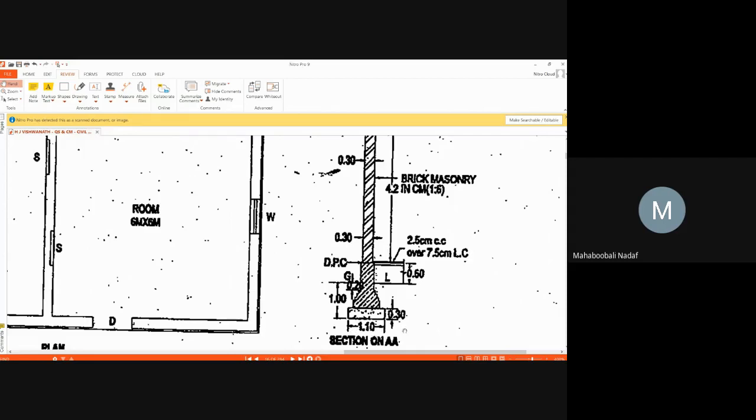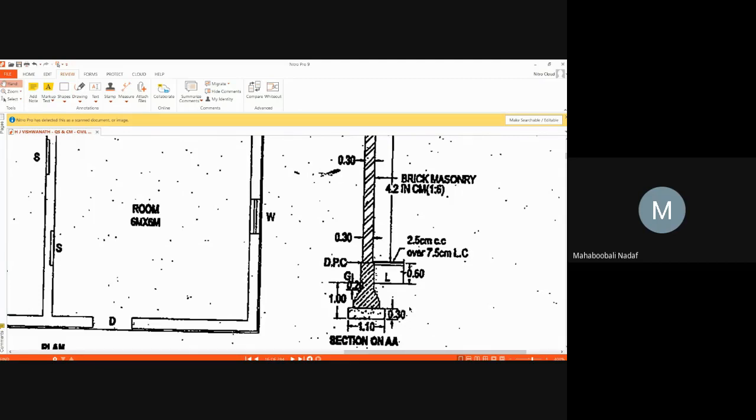Width of PCC or width of excavation is 1.1. PCC bed is 0.3. Total excavation from the ground level is 1 meter. In this diagram, I think it is not clear how many footings there are.